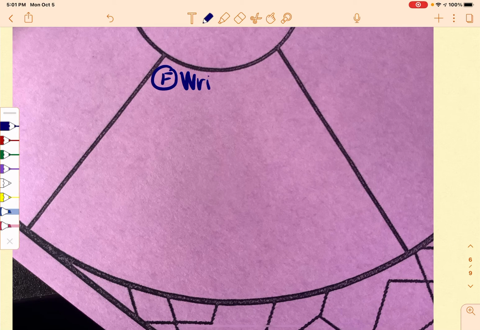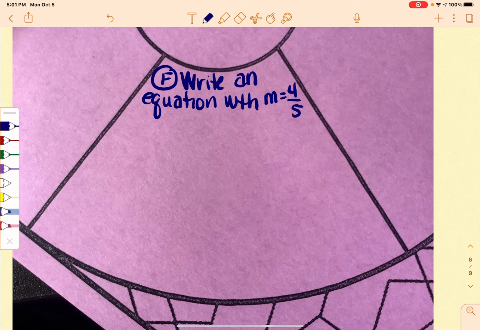We're going to say write an equation with a slope value of 4 over 5 and the point of negative 8 and 4. So this is my x sub 1 and y sub 1.